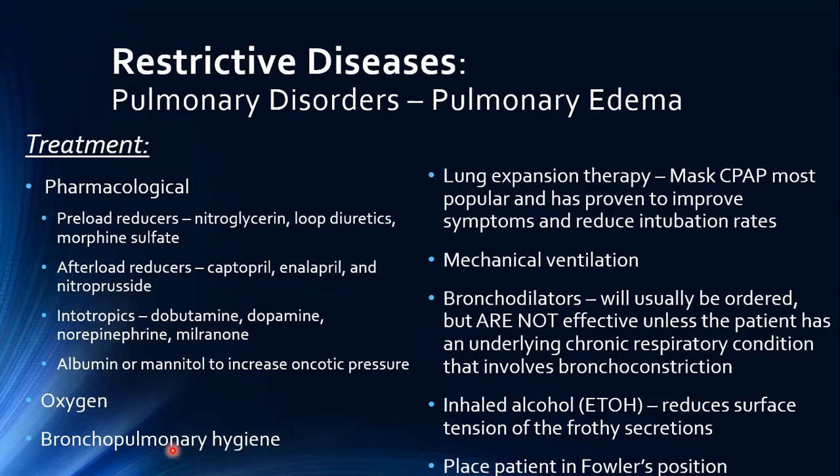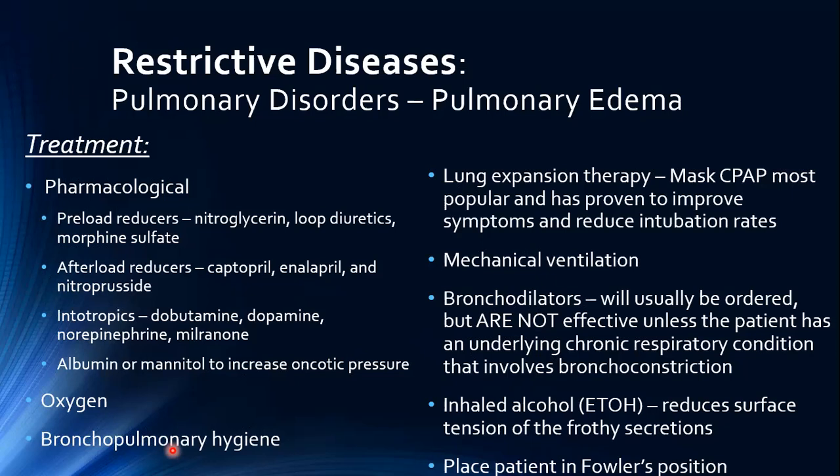We can use bronchodilators if we have to. But they will usually be ordered, but are not effective unless the patient has underlying chronic respiratory condition that involves bronchoconstriction. So if they don't have bronchoconstriction, then bronchodilators don't work. A lot of times doctors or nurses ask, can you give them a breathing treatment?